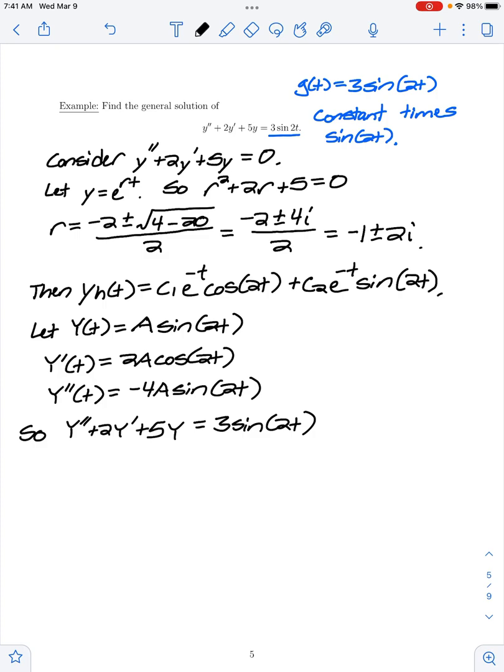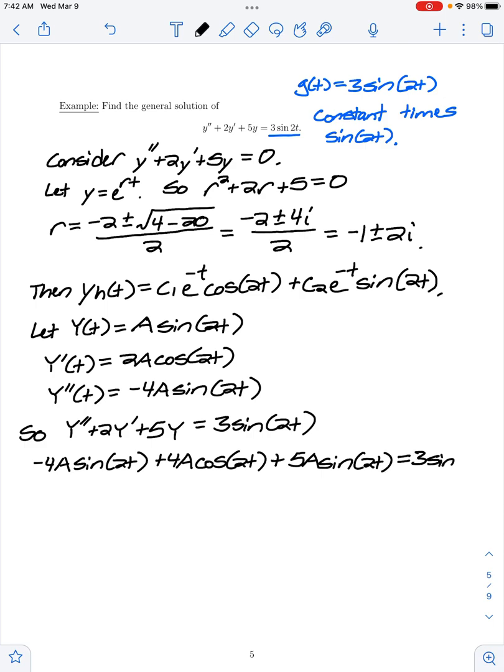So when we substitute our expressions in, we have a second derivative of -4a sine of 2t, plus 2 times y prime, which would give us 4a cosine of 2t, and then plus 5 times y, which was a sine of 2t, and I need this to equal 3 sine of 2t.